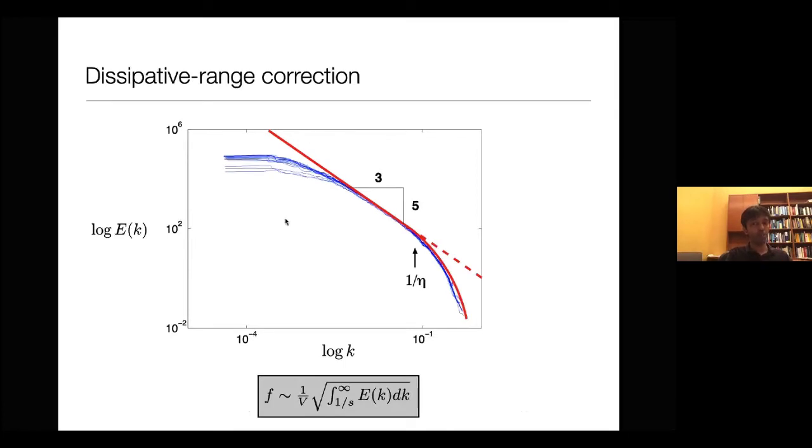So what I'm going to do first is to account for the dissipative range correction, where in this E of k, I have the inertial range, and I also account for the dissipative range, where the dissipative range kicks in at a wave number that scales as 1/eta. Once we account for this correction, there are different models one can use, and the results are rather robust to whatever specific model you use.